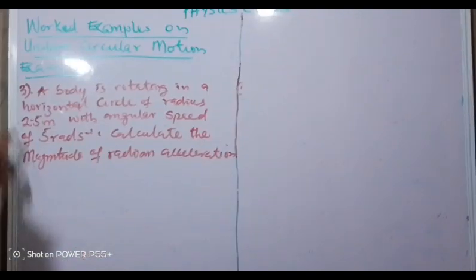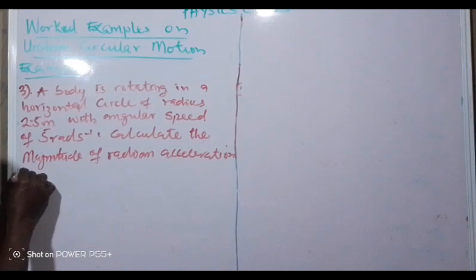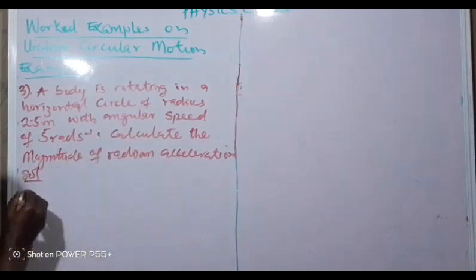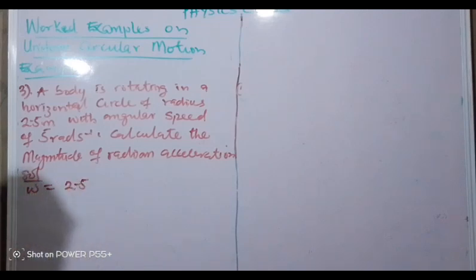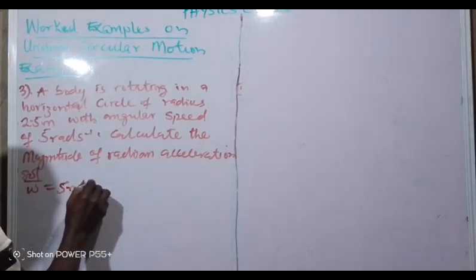Let's take this one as example 3. The body is rotating in a horizontal circle of radius 2.5 meter with angular speed of 5 rad per second. Calculate the magnitude of radial acceleration. Now, let's write out the parameters. Here angular speed is given, that is omega is equal to 5 rad per second.